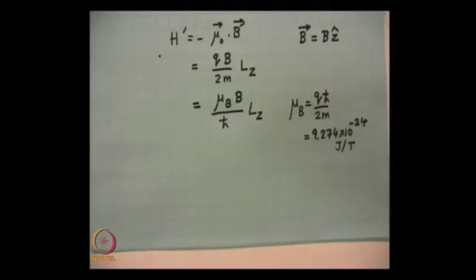So, I consider the orbital motion of the electron. I neglect that the electron itself has a magnetic moment. Because of the orbital motion of the electron, there is a magnetic moment, and therefore there is an interaction energy when a magnetic field is applied, and that interaction energy is given by this.